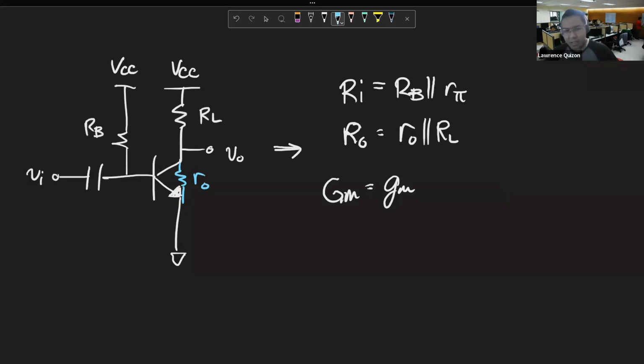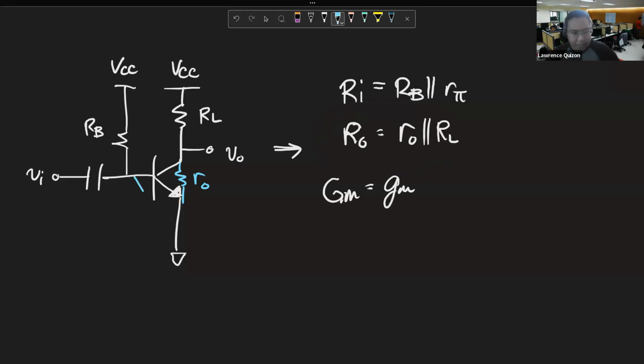So as far as V out is concerned, whenever it changes, current goes up, current goes down, and so the output resistance from the perspective of the output node, which is V out, is R out parallel RL. Those are the two resistances it sees, right?